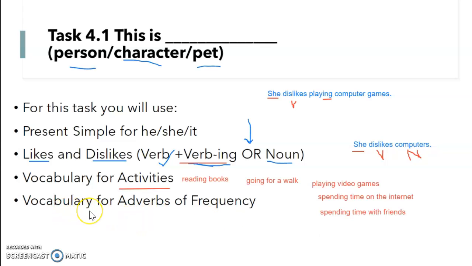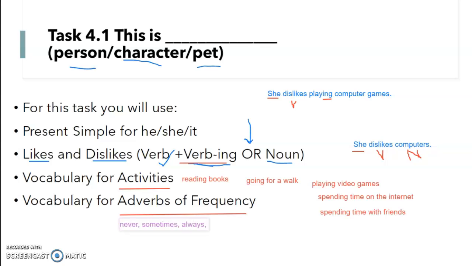The last group of vocabulary that I'd like to see is the vocabulary for adverbs of frequency. And you did really well with these in class, but just to remind you, remember when something is done 0% of the time, we use never, 50% sometimes, 100% always.